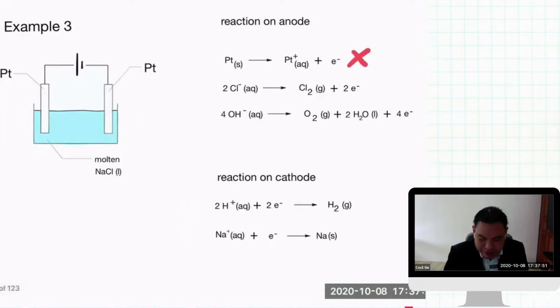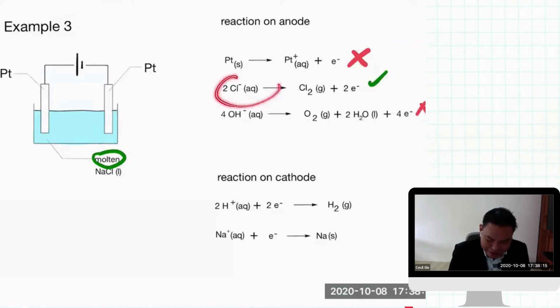Left with Cl minus and OH minus. Very simple, very easy choice. This is molten. Molten means no water. So there's no water in the first place. So there's no OH minus in the first place. So you must choose Cl minus. What will happen? You will see bubbles also. Yellowish green gas. Very simple.